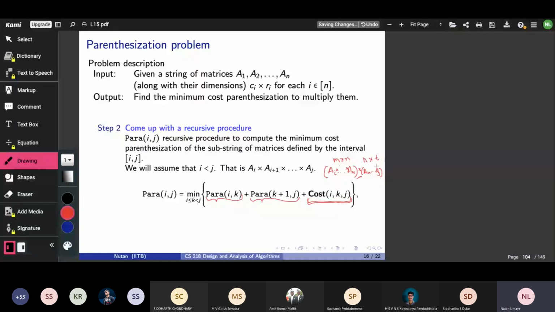Then the overall final output is going to contain M cross T many entries. Anyway, it is easy to compute what this cost is: the total number of operations required to come up with the entries of this M cross T matrix at the end. That's the cost.